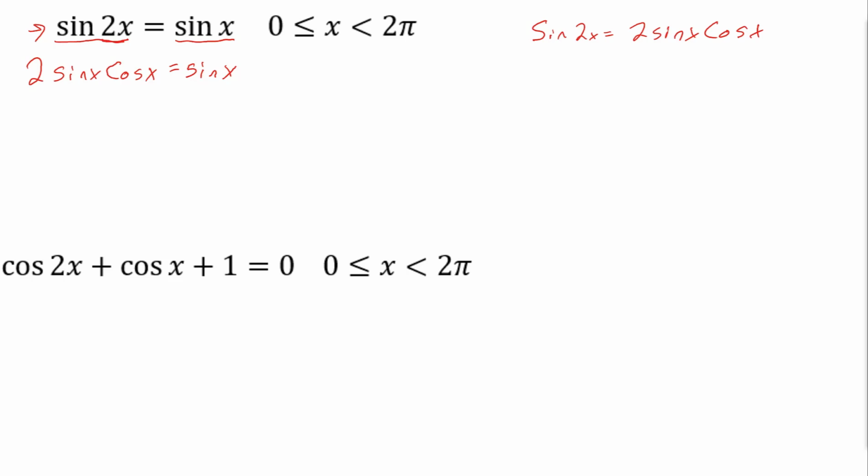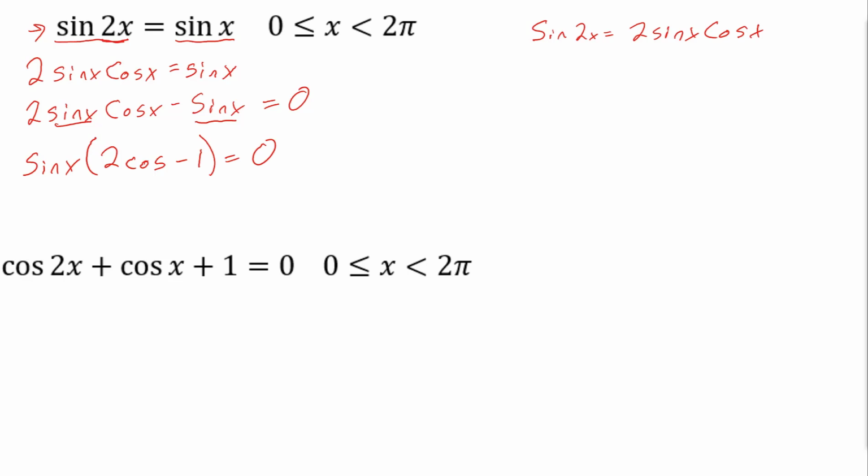And to do that, we set the equation equal to 0, giving us 2 sine x cosine x minus sine x equals 0. At this point, I can factor out my sine x, giving me sine x times 2 cosine x minus 1 equals 0.